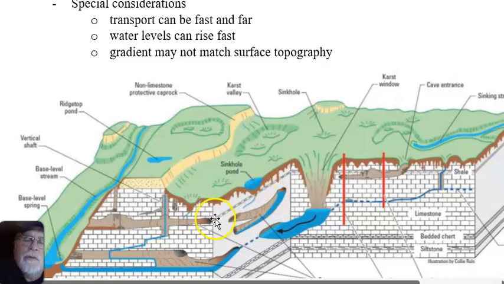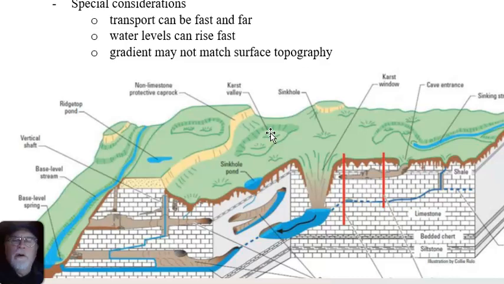So it can actually go under a hill. It can short circuit, cut under a hill. So you'll have some places, I know in the Ozarks where I hike a lot, there'd be a spring coming out of the side of a hill, and it's actually coming from a plane on the other side of the hill.